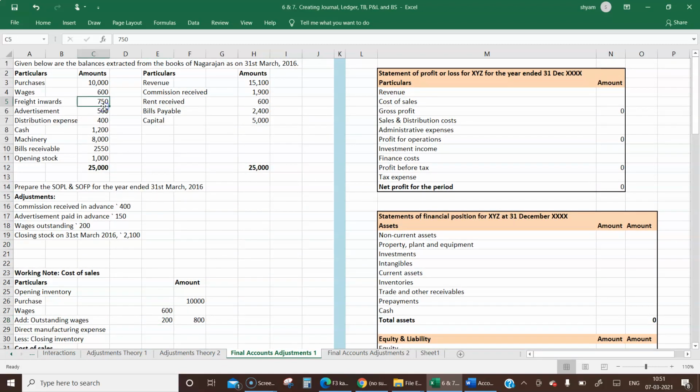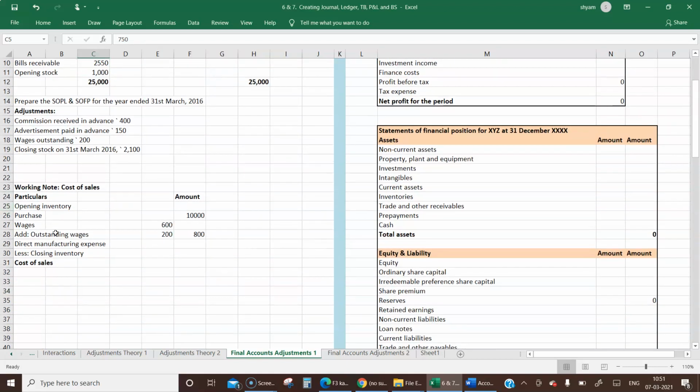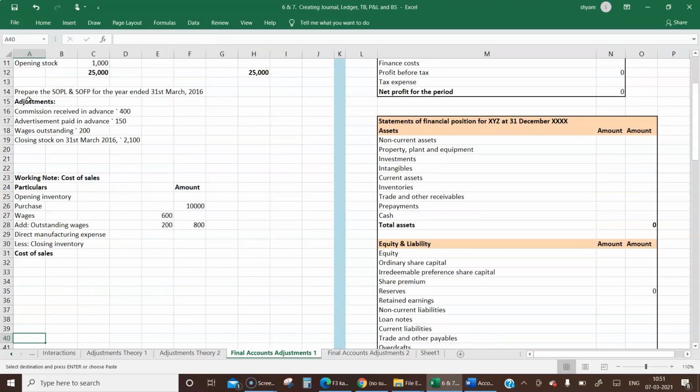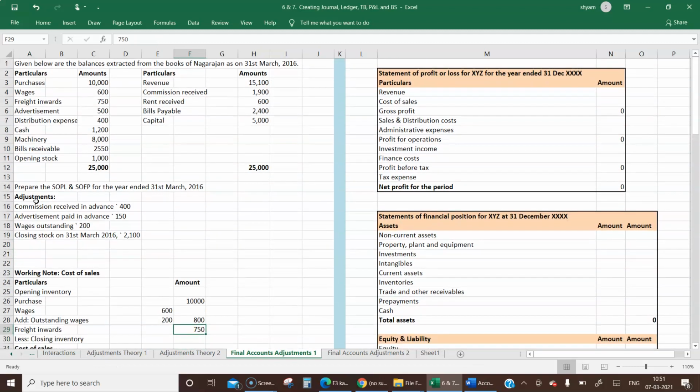Next is freight inwards. Okay, so freight inwards would also come under purchases only. So we can copy that. So freight inwards is over.